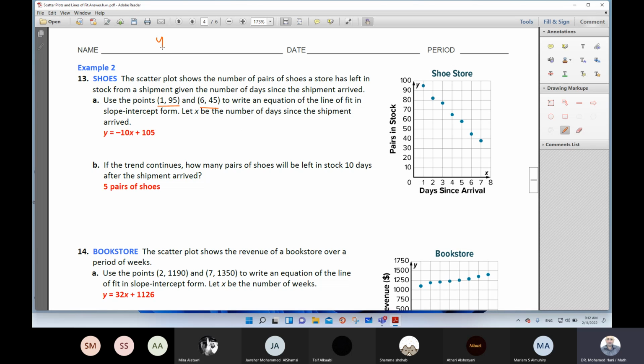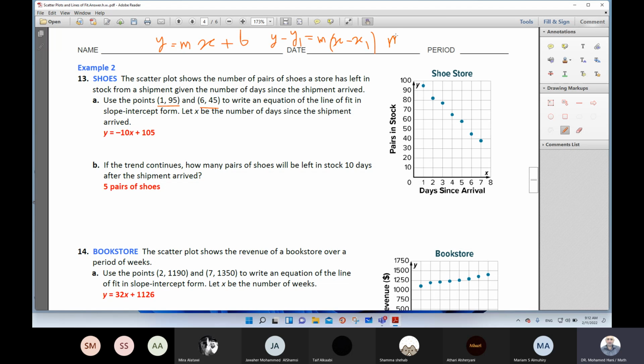As you remember, the equation in slope-intercept form is y equal mx plus b. So we can use this form, and we can use y minus y1 equal m times x minus x1.